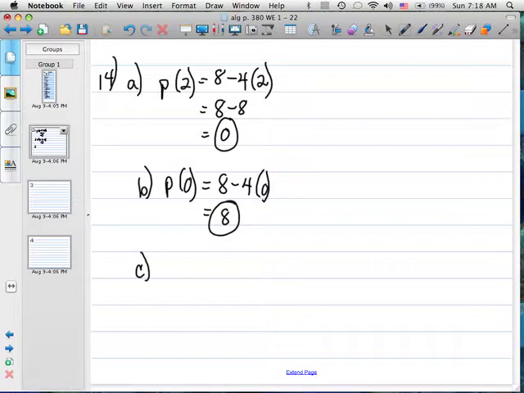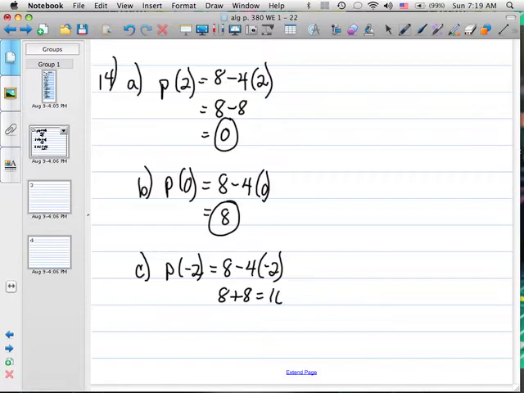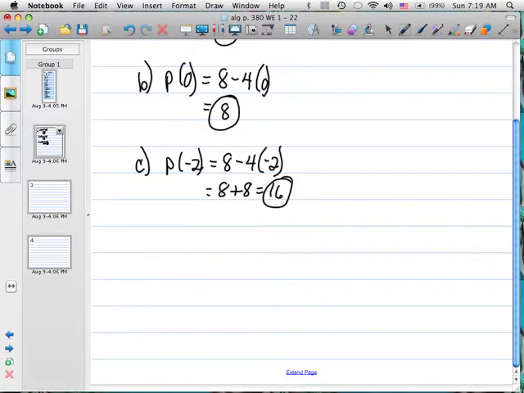And then C, P at negative 2. So it's going to be 8 minus 4 times negative 2. So that's 8 plus 8, which is 16. Number 16, the function is g that pairs n with n minus 2.